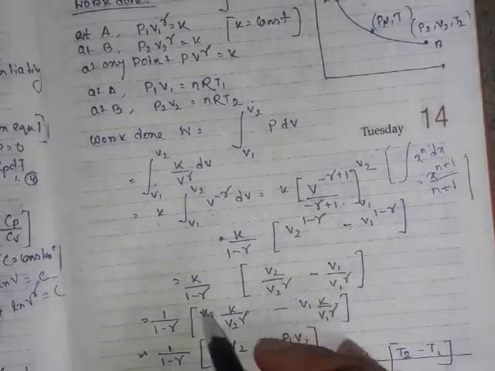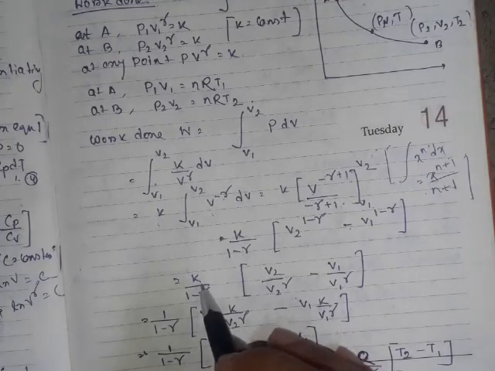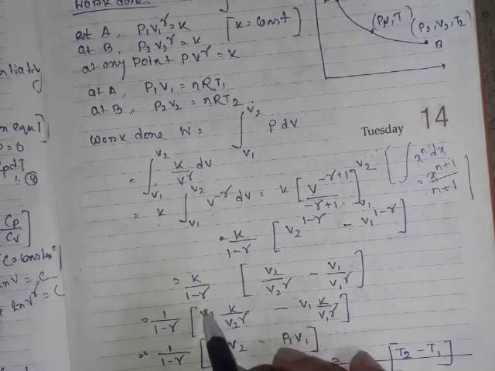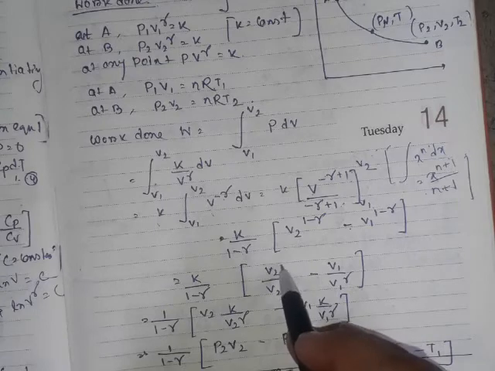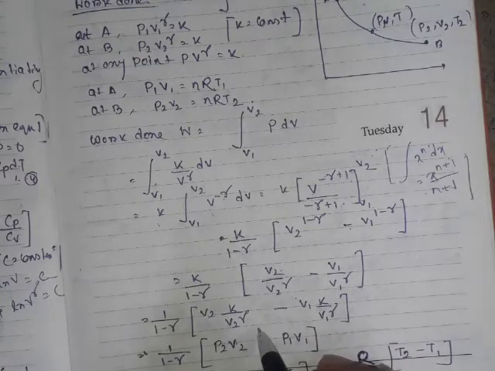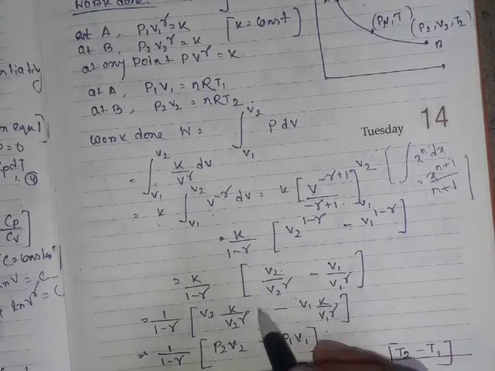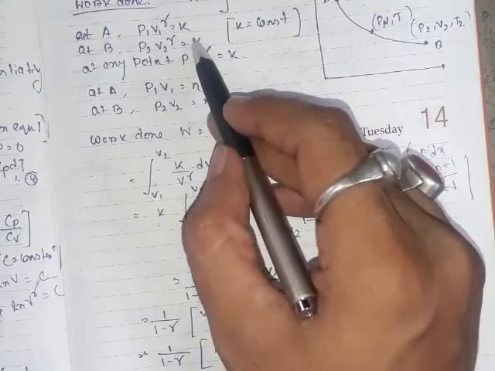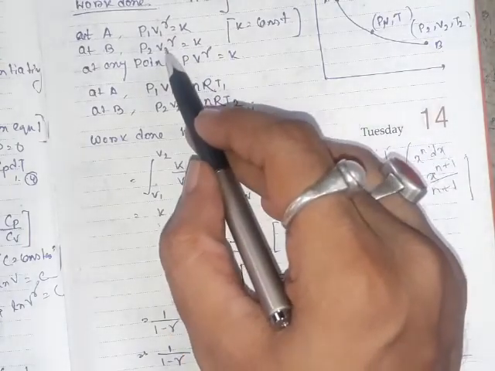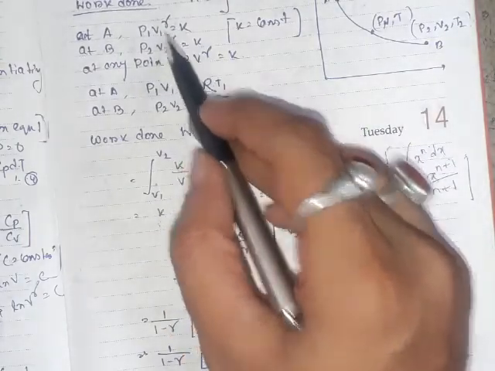Multiply the K inside, so you will get V2 into K by V2 to the power gamma minus V1 into K by V1 to the power gamma, and K by V2 to the power gamma is P2, and K by V1 to the power gamma is P1.